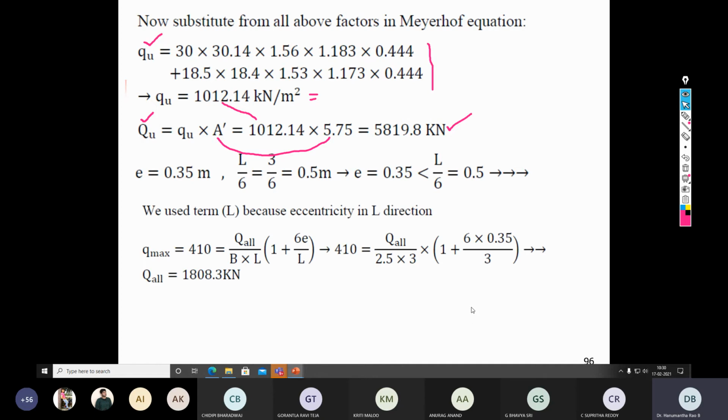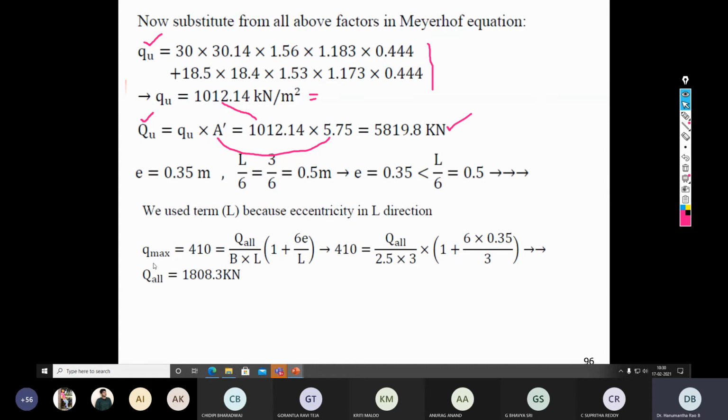Then calculate Q max, that is the bearing pressure because of the eccentric load or because of the column load. So Q max is equal to Q allowable by B into L, into (1 plus 6E by L).